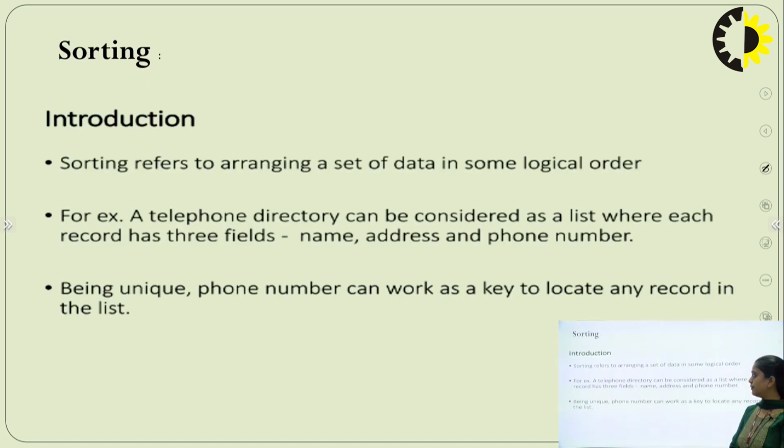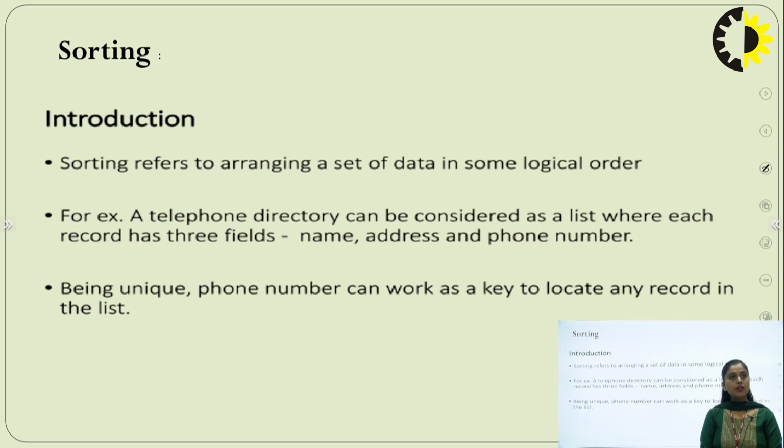So let's start. What is sorting? Actually, sorting is the technique for arranging some random data in increasing or decreasing order, or we can say sorting refers to arranging a set of data in some logical order. This logical order may be in increasing order or decreasing order.